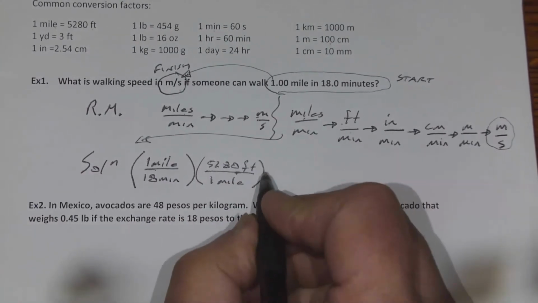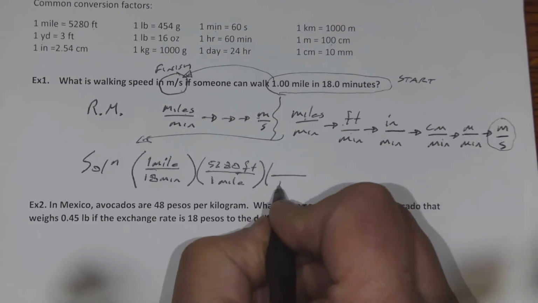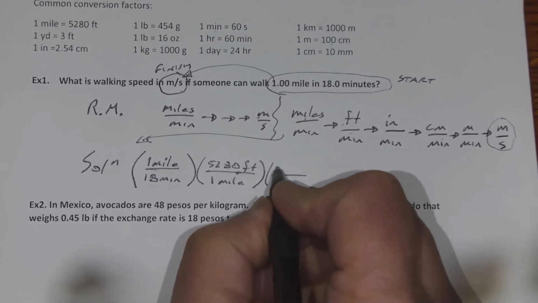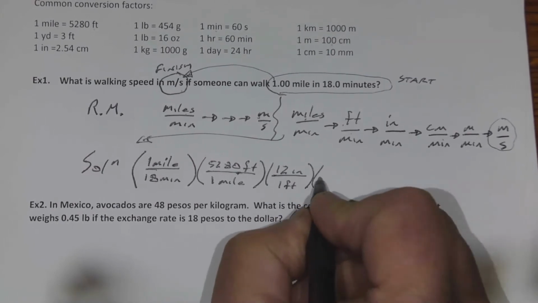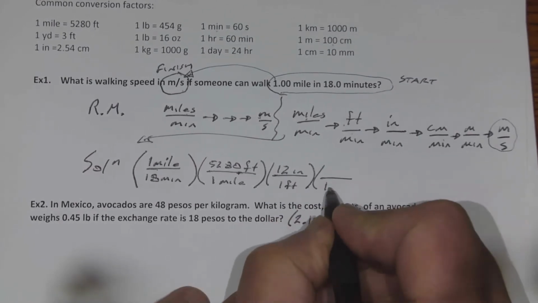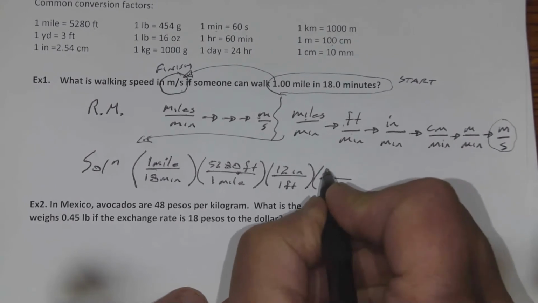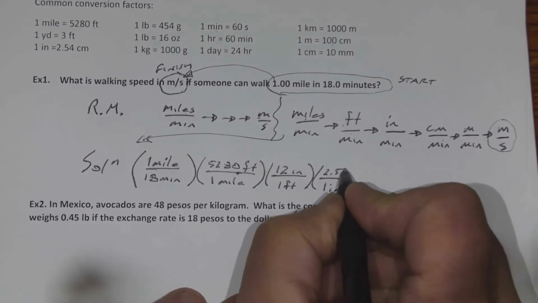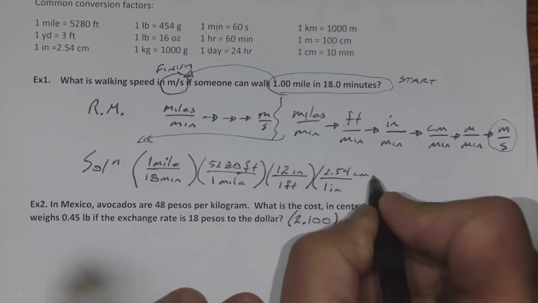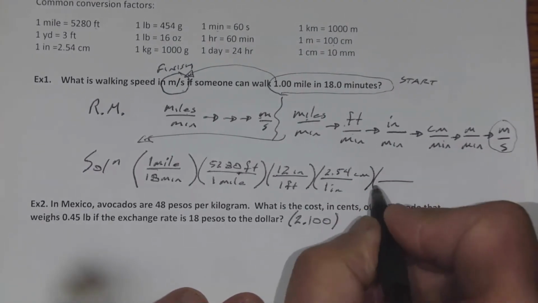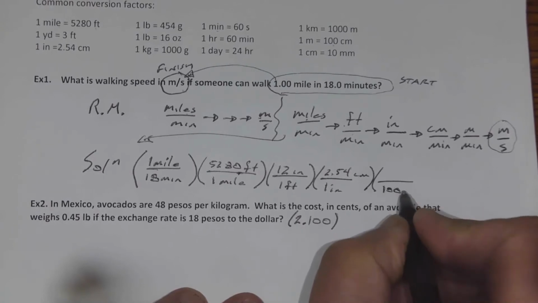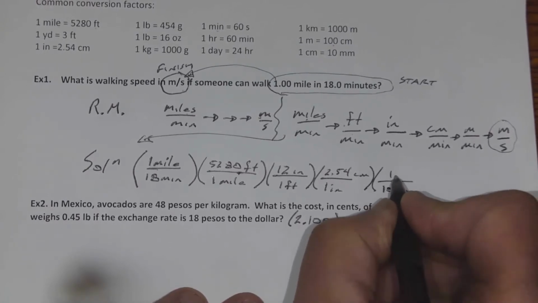I need to go from feet to inches, so I have 1 foot is 12 inches. Inches to centimeters, 1 inch is 2.54 centimeters. Centimeters to meters, 100 centimeters is 1 meter.